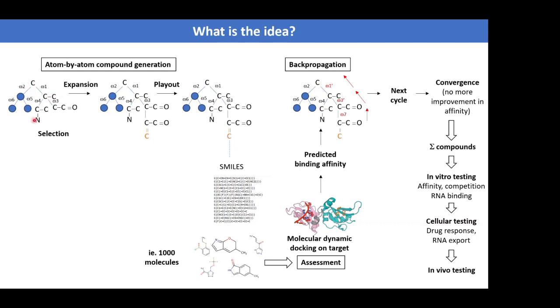And then you have a choice to add a nitrogen to the carbon or an oxygen. And you go down the tree generating molecules, and you do that by processes that involve expansion. So for instance, you're at this position here, and you decide, why not select this possibility? And once you've selected this possibility, you operate what is called a playout, which is you just ask the algorithm to randomly generate a molecule downstream of that starting point.